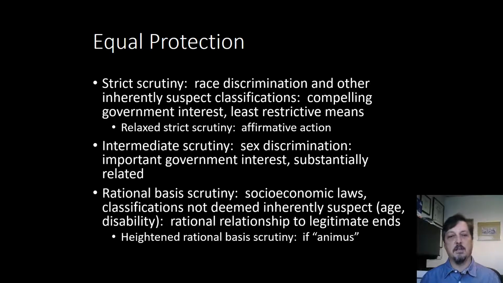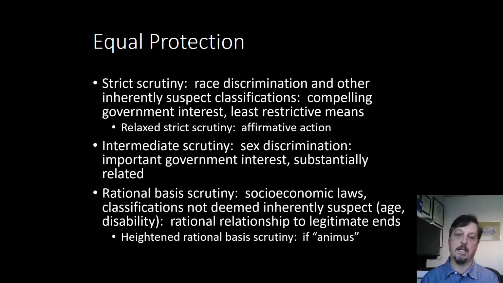We said that there are some cases in which there seems to be a sort of relaxed strict scrutiny, and we looked at that in the context of some of the affirmative action cases. Intermediate scrutiny, we said, is generally for sex or gender discrimination, and it requires an important government interest and that the government measure be substantially related to that interest. Then for all other kinds of distinctions in the law, there would be rational basis scrutiny, which is our default position.